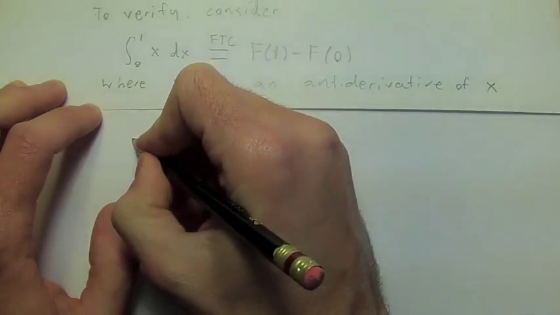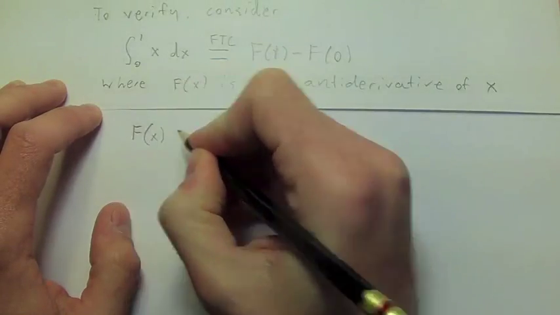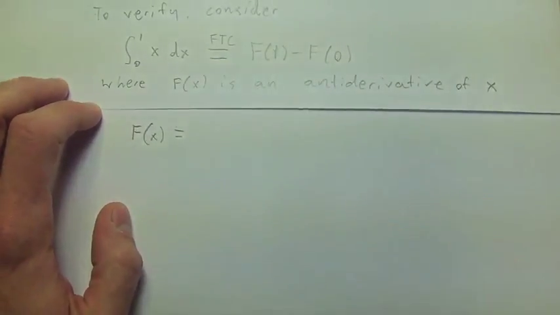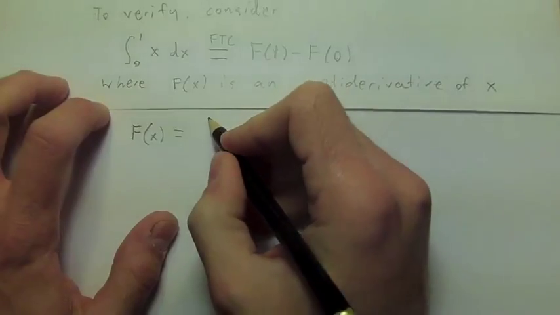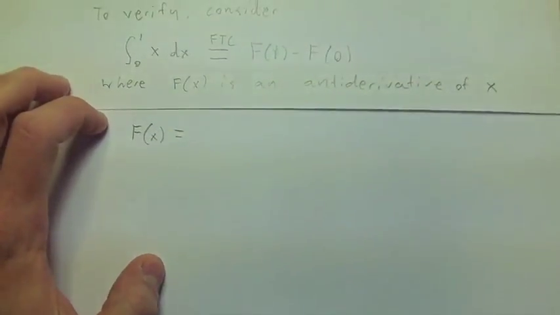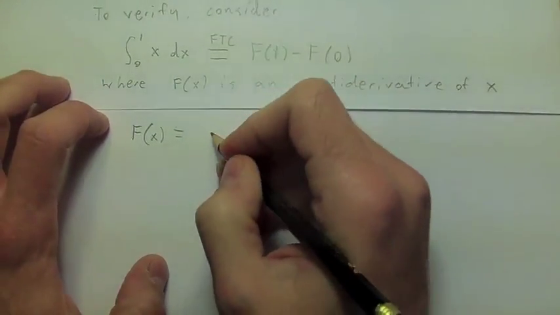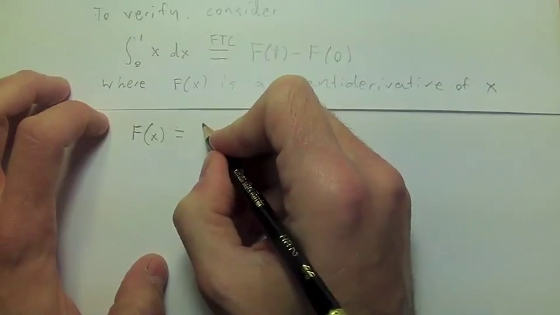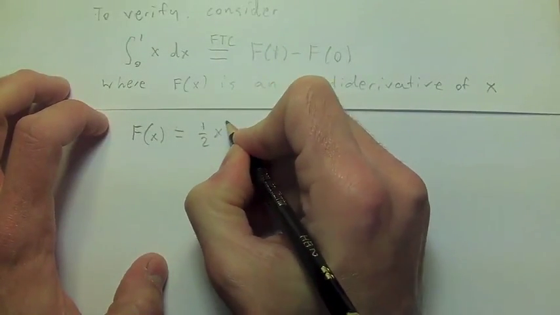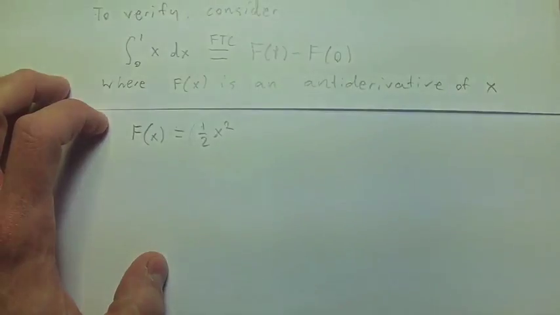So the antiderivative of x is x squared over 2 plus c, but we're only picking 1. I'm using the capital F here, not the integration sign. So this is going to be 1/2 x squared that we're going to choose.